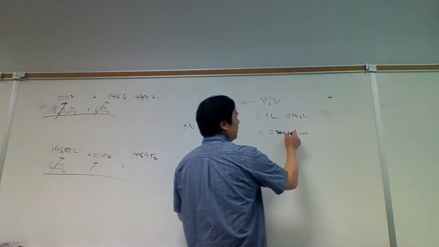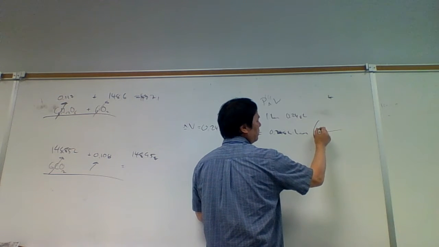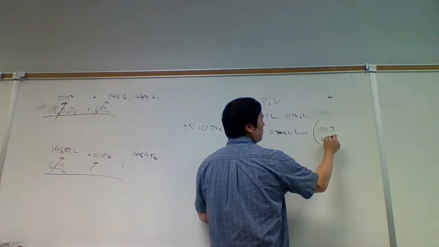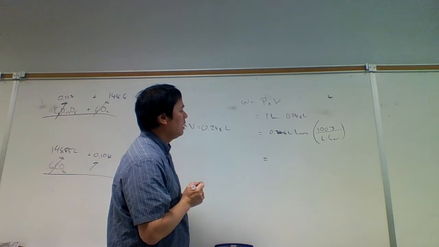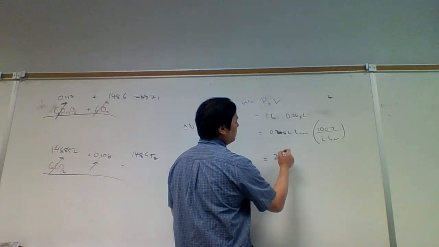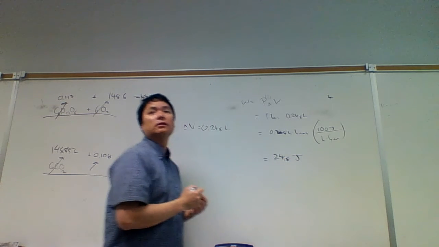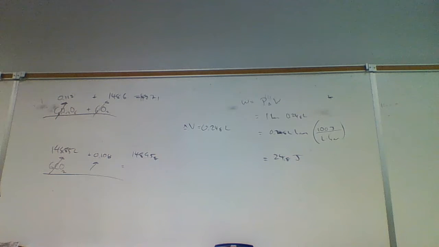Then we'll multiply it. Because of round off error it didn't come out right, but the conversion is actually 100 joules per liter bar. So this is times 100, which gives us 24.8 joules. Is that correct? 24.8 joules of work.